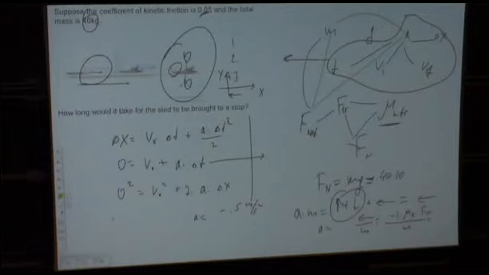So it's -1 times the coefficient of friction, which is 0.05. Still looks like a DS, I don't know. Sure. Times the normal force. The normal force equals mass times 10. 10 is g.